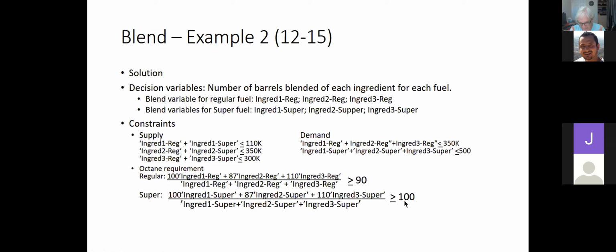There is no problem in writing these constraints. The problem is understanding how to solve it because these 2 constraints are non-linear. When you have a constraint that is a ratio, and the ratio includes variables in the numerator and variables in the denominator, you have a nonlinear function. You can enter it in solver like the other constraints and go to solver and go to simplex and try to solve it.